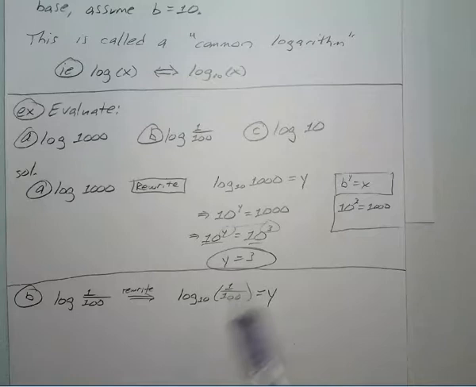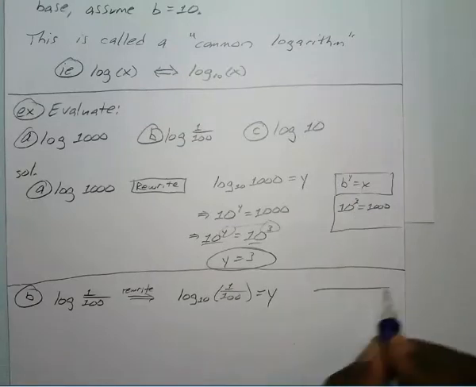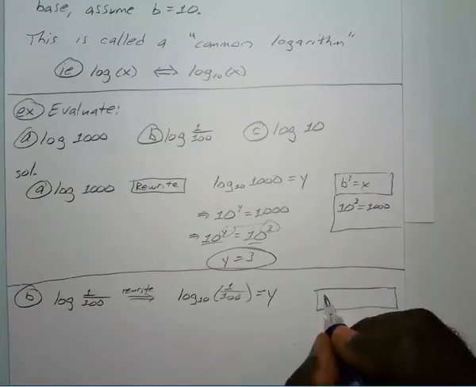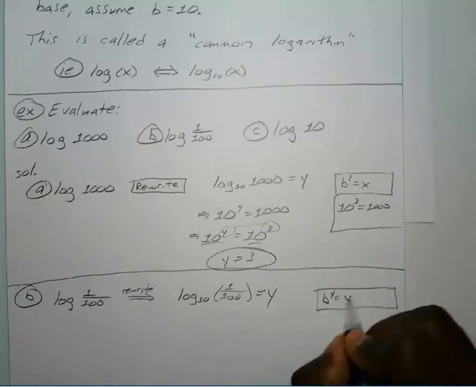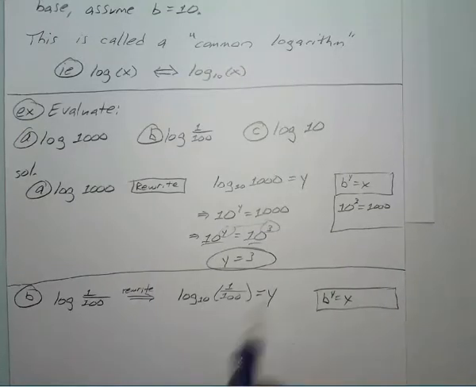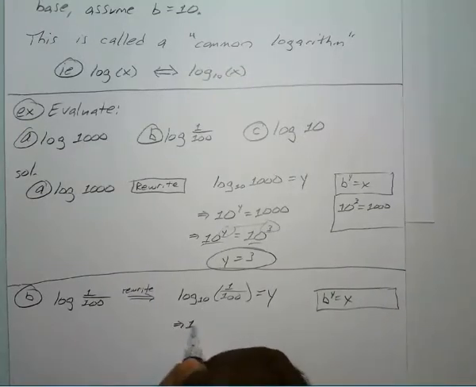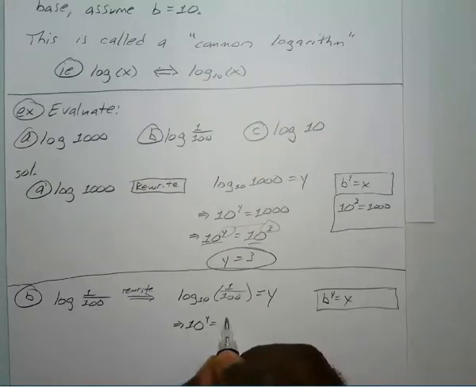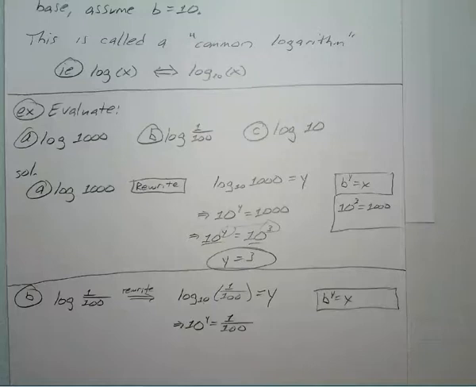Okay, and again, b to the power of y equals x. So that's 10 to the power of y equals 1 over 100.